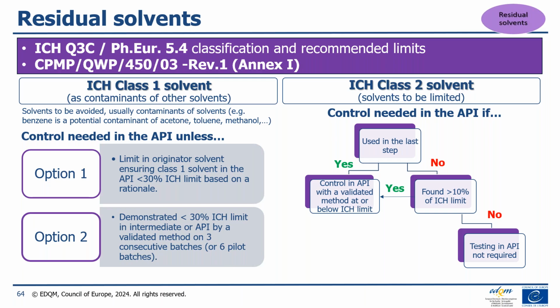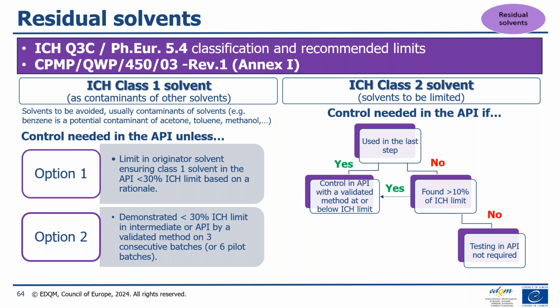A control is needed in the API unless you have a limit in the originator solvent, ensuring that the class 1 solvent in the API is below 30% of the ICH limit based on a rationale, or that you have demonstrated that this class 1 solvent is below 30% of the ICH limit in an intermediate or in the API by a validated method on 3 consecutive batches or 6 pilot batches.